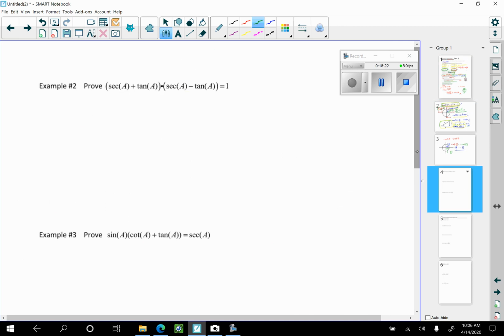All righty, example 2 here, where I want to prove that, this one looks difficult. Don't be intimidated by it. So I'm going to rewrite this. What do I know?